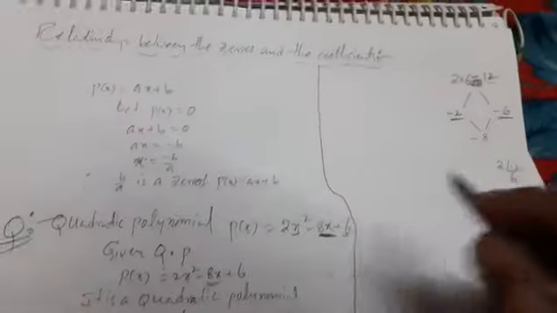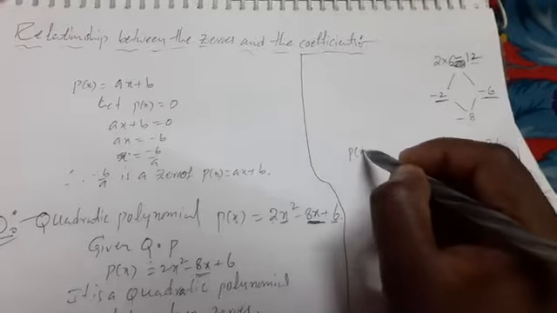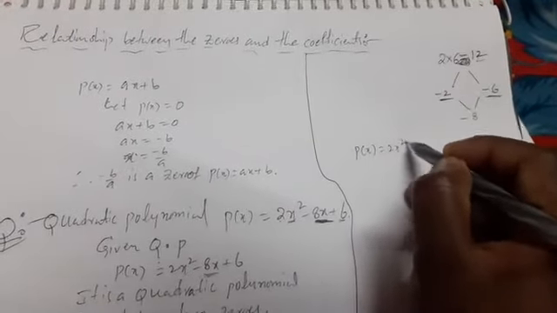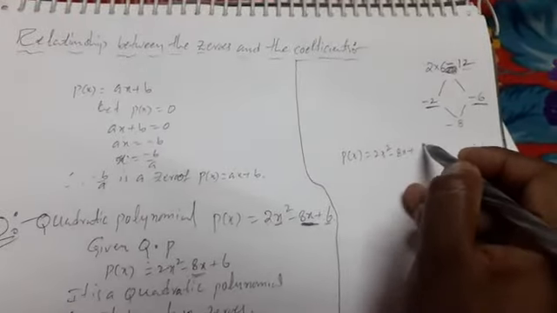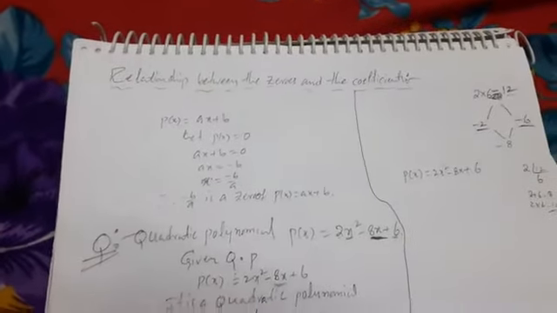So you can write the equation p of x is equal to 2x square minus 8x plus 6. Actually, what are we going to find?